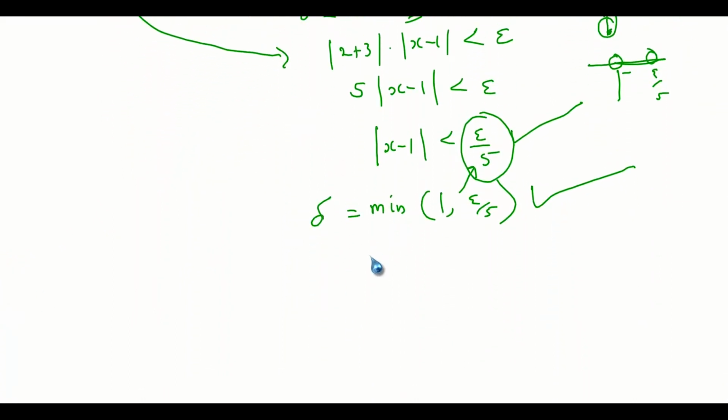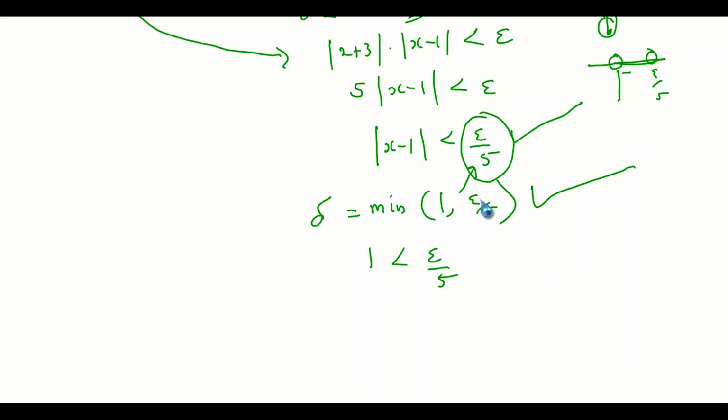Before then, we have to choose the smallest one here. So I will assume, you can just say, let 1 be less than epsilon over 5. If this occurs, that means 1 is smaller than this. You can choose any one.